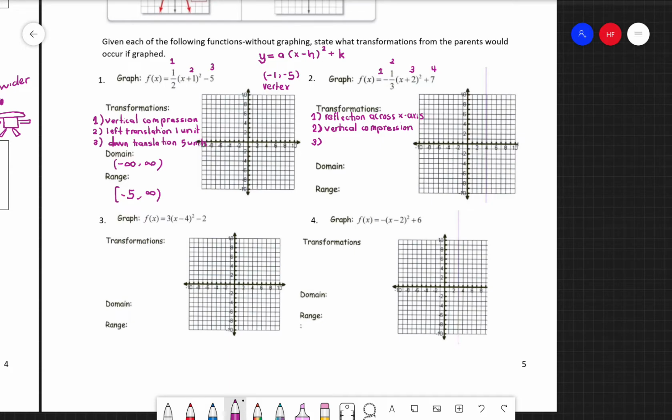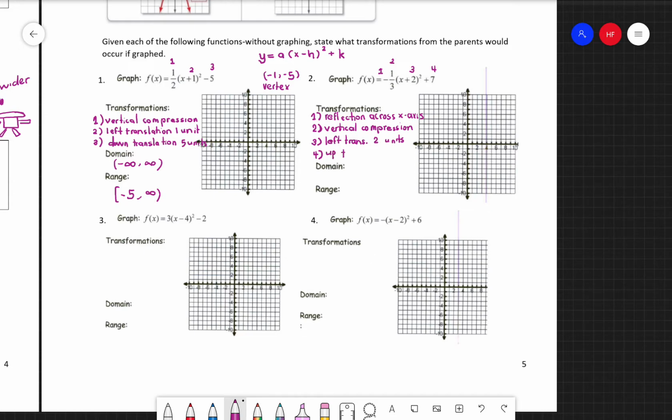Then on the third transformation, we have plus 2. Remember, plus moves left. So we have a left translation, 2 units. And with that k, that last piece on there, we have plus 7, and that's going to be just as we think it is.